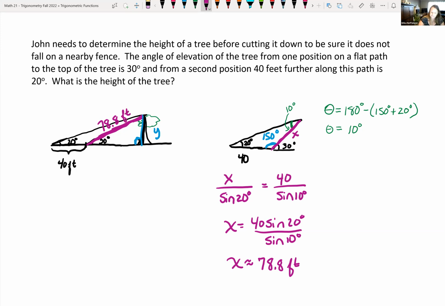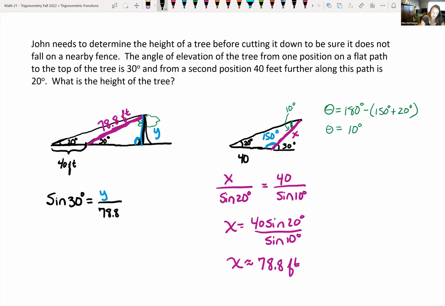So I'm trying to find the opposite. I have the hypotenuse, so I could use sine of 30 degrees, which I hope you know, is equal to opposite, which is the side length of the tree we're trying to find, y, all over hypotenuse, which was 78.8 feet.